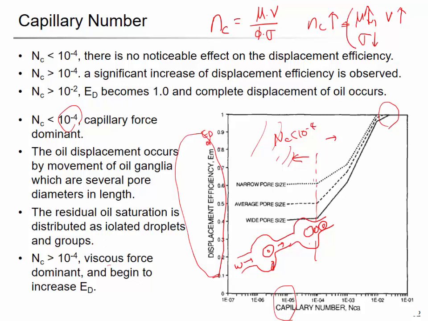So this is the EOR, the enhanced oil recovery method, actually. So we can inject some surfactant to reduce the interfacial tension, and you have more oil production. And you can inject the water with higher flow velocity, then capillary number will increase, and it will sweep and push out the oil more.